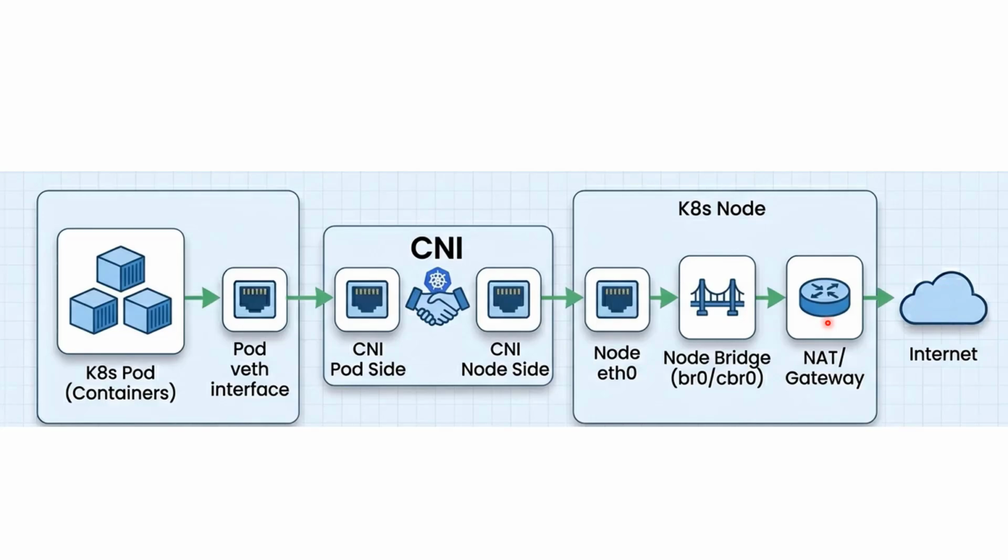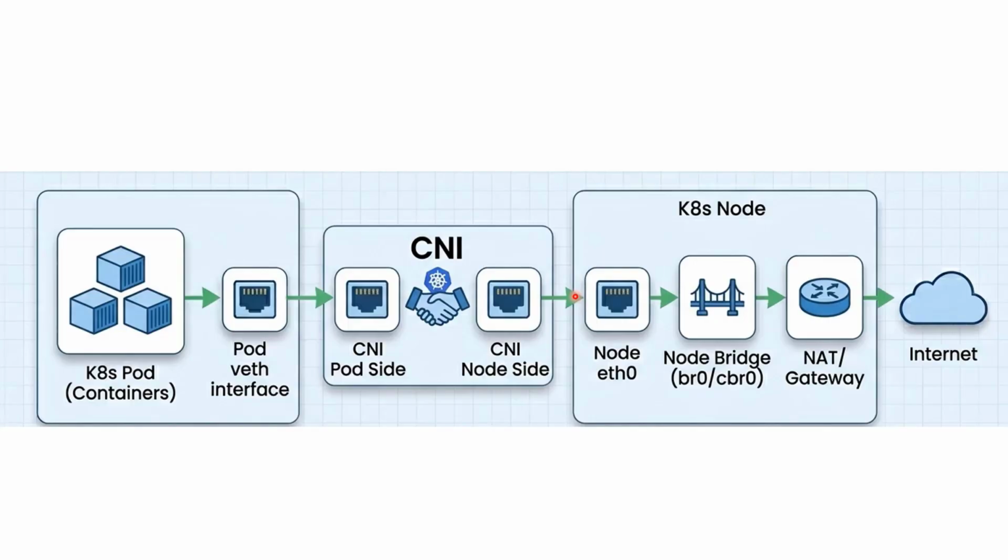So the pod IP gets translated to the node IP, and then traffic reaches the internet. And when the response comes back, Linux connection tracking maps the response back to the original port. So underneath Kubernetes, the traffic flow is still fundamentally the same: Veth, CNI networking, node bridge, routing, NAT, and the internet. Kubernetes simply automates interface creation, routing, forwarding, IP allocation, and connectivity management.